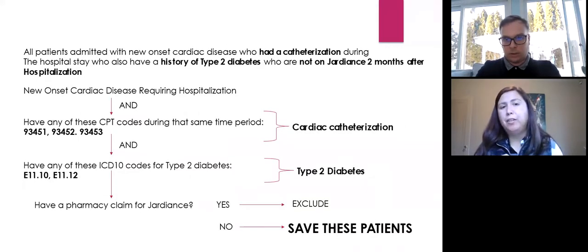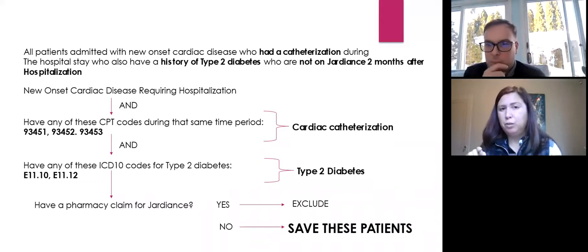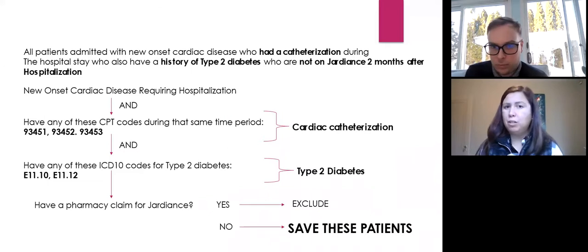Once you're done there, you're going to repeat that whole process. But remember, we have 4 pieces of data. We have the diagnosis code, the procedure code, pharmacy information, and laboratory information. So now we're going to use the procedure codes, because we're going to look for people who have a cardiac catheterization. So remember I told you there's all these codes that describe different procedures.